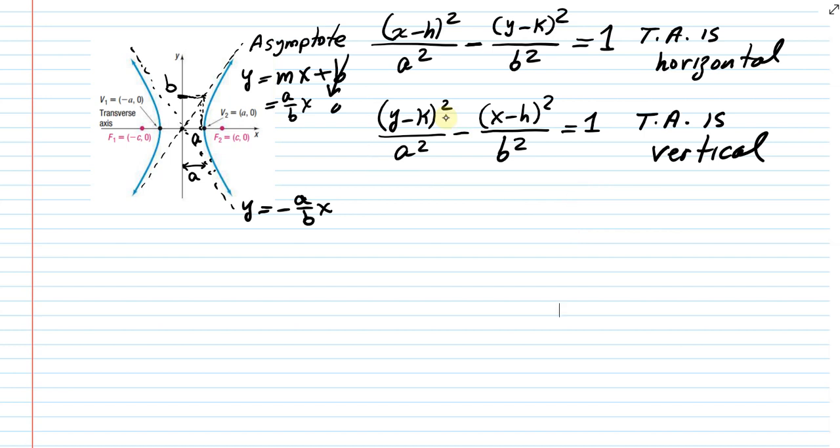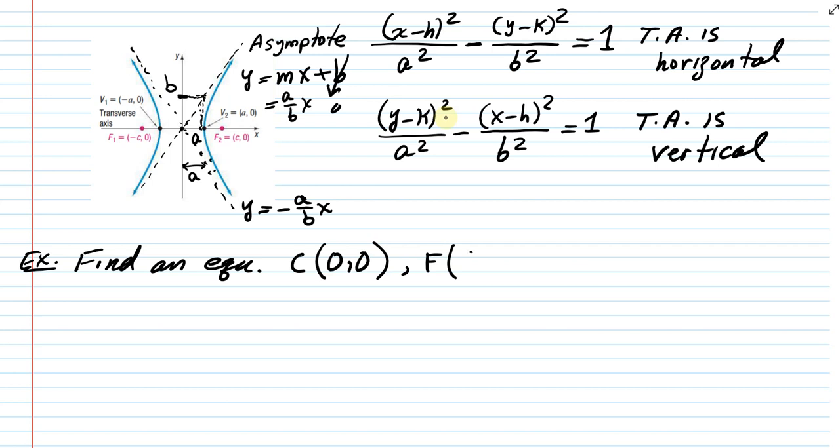All right. Let's take a look at an example now. In my first example, let's say we want to find an equation of a hyperbola, and of course we always graph these, start in the beginning and finish in the end. So let's say the center is going to be at 0, 0, and one focus is at 0, negative 6, and a vertex would be at 0, 4.